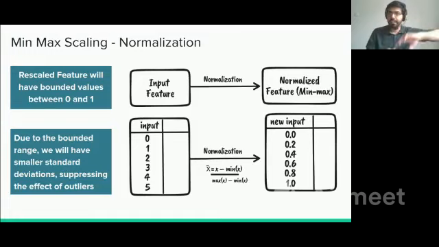If you had a big outlier, even that would be rescaled to a value between 0 and 1, right? That is what you lose when you do min-max scaling. But the advantage is that you have different features that have comparable scales.